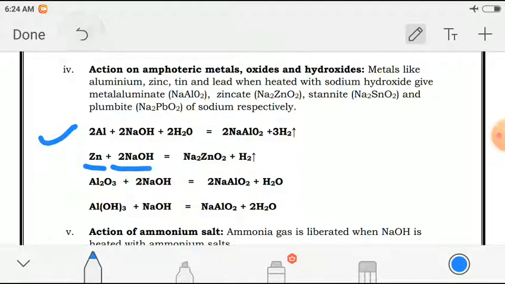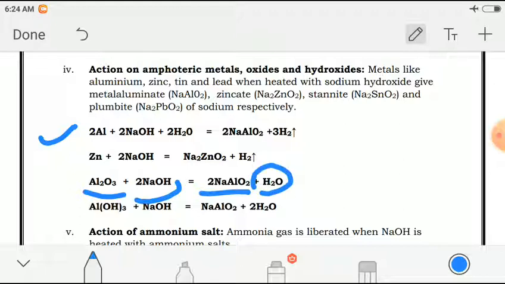Now the third reaction, when sodium hydroxide reacts with the Al2O3 and formation of what? Two NaAlO2, that is sodium aluminate, plus H2O.